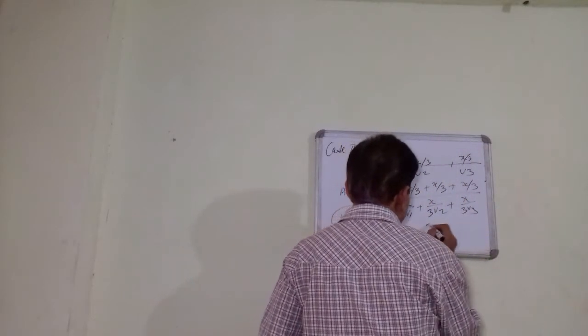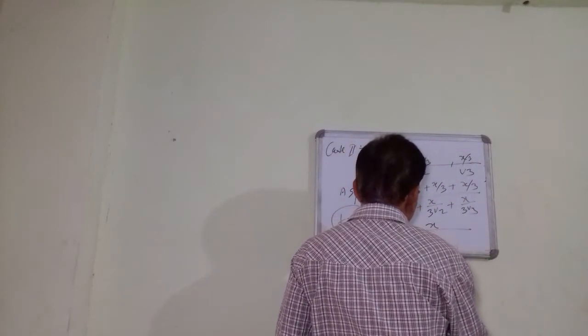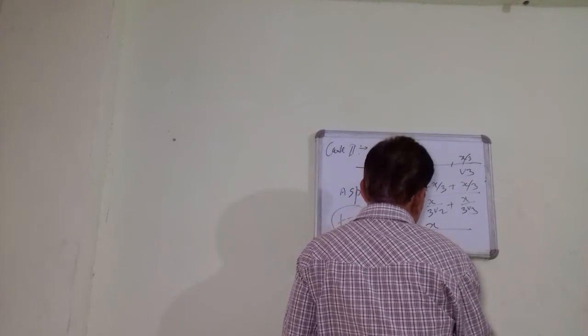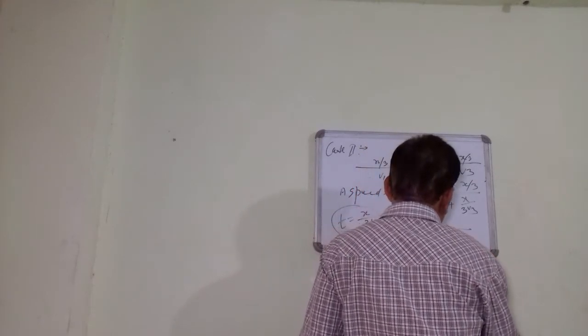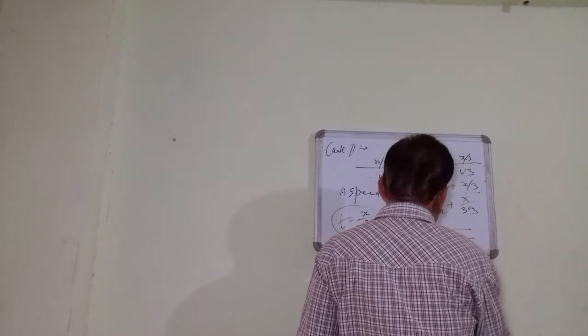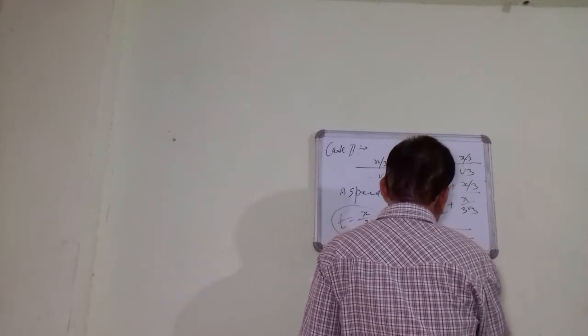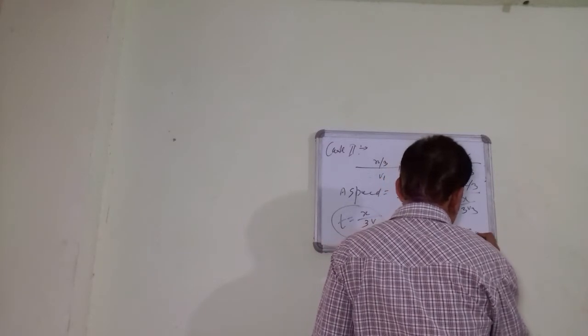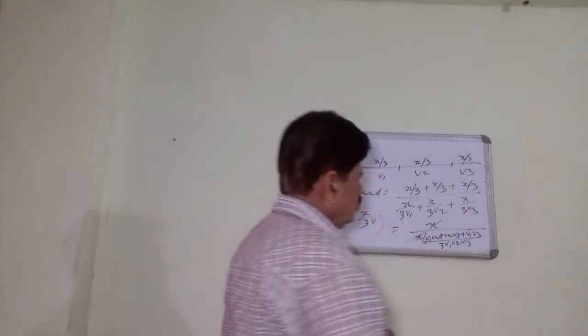So in this way we obtain the value. It becomes x upon x by 3 times v2 v3 plus v1 v3 plus v1 v2 over v1 v2 v3, and x is cancelled out.